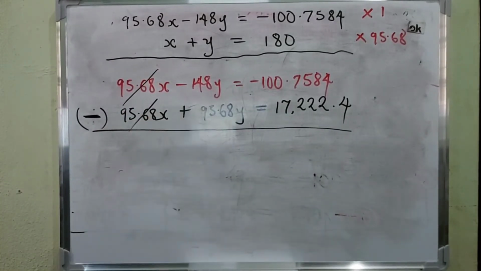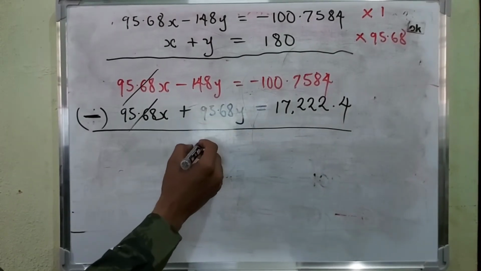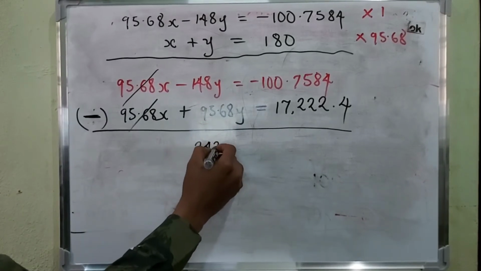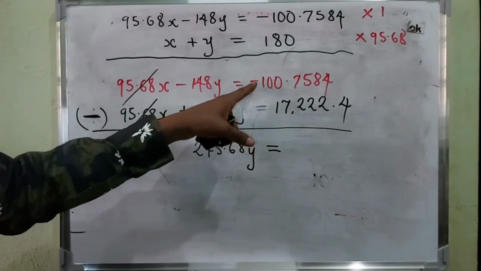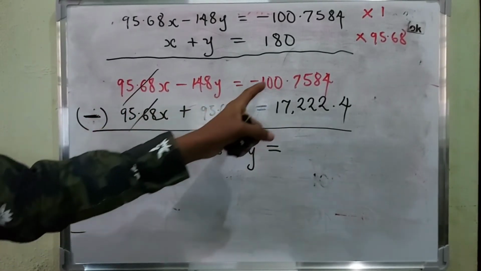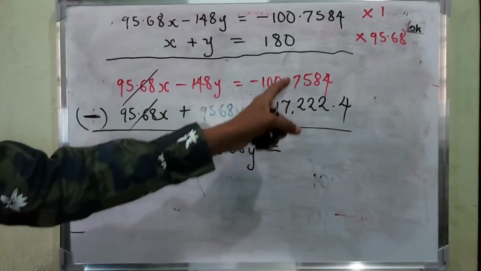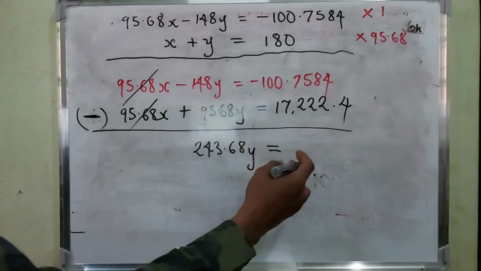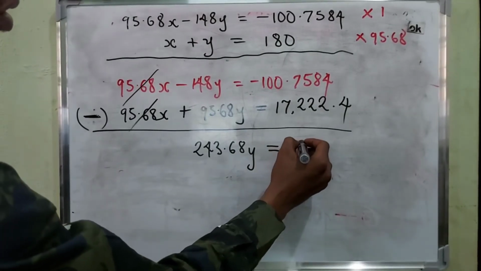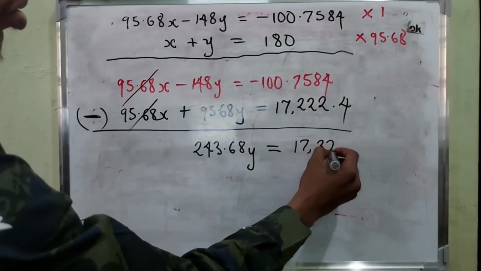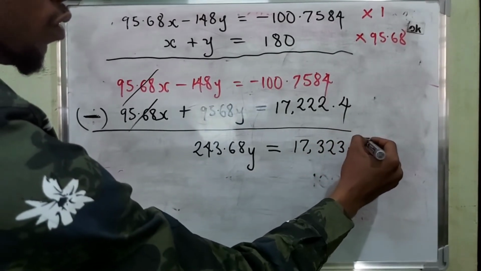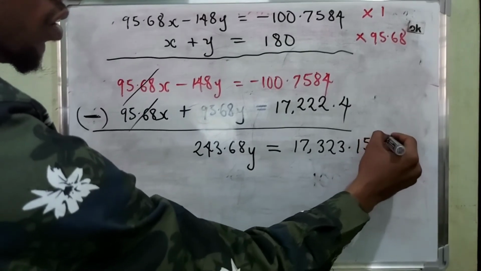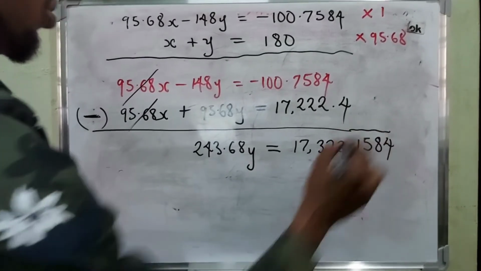That's 148y plus 95.68y, which will give us 243.68y equals, minus minus is plus, so I'm going to add these two values. If I add them, I'm going to have 17,323.1584 is what I'm going to have.